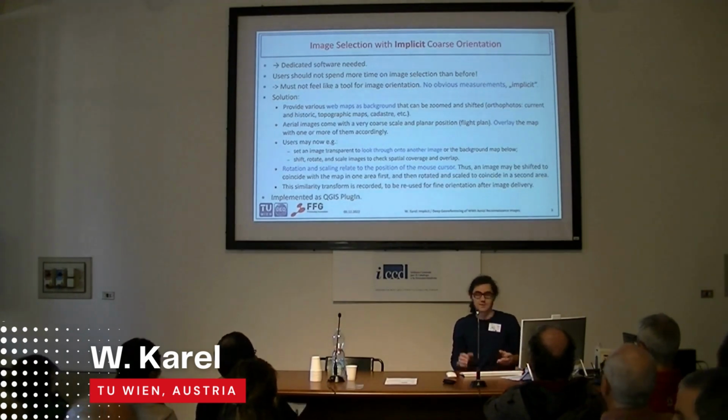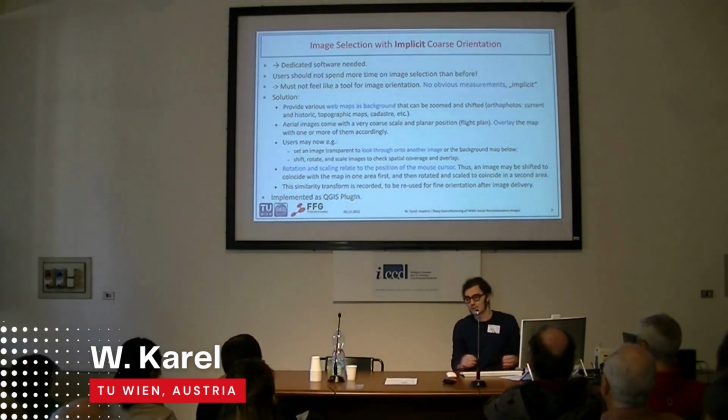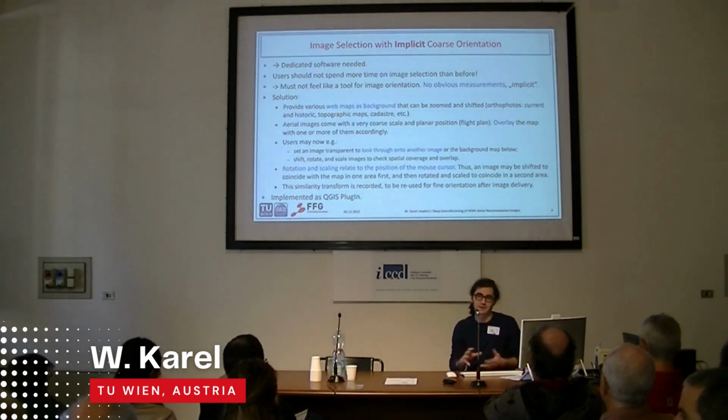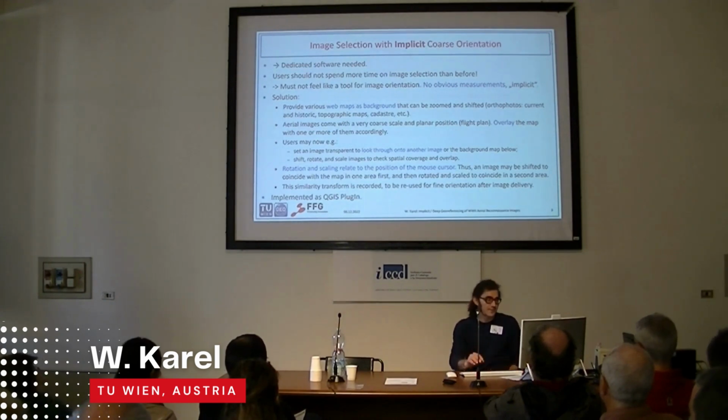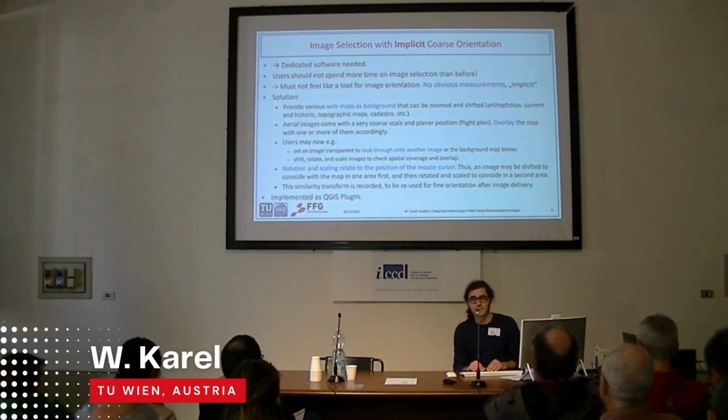This is not done based on corresponding points, but actually by shifting around the image area and scaling the aerial on top of the background map. We hopefully came up with a more or less nice handling where you can visualize one or more aerial images at the same time and rotate them right on the mouse cursor.